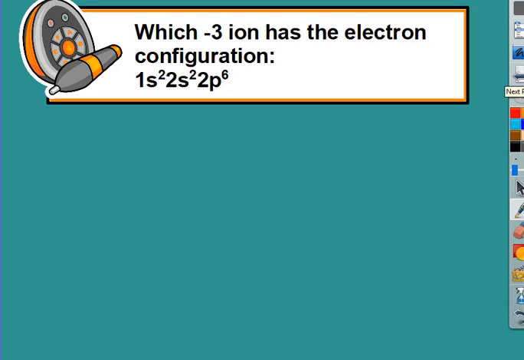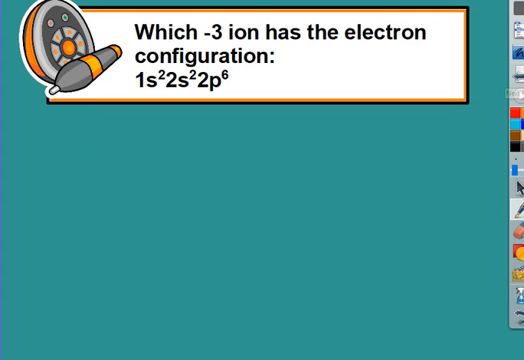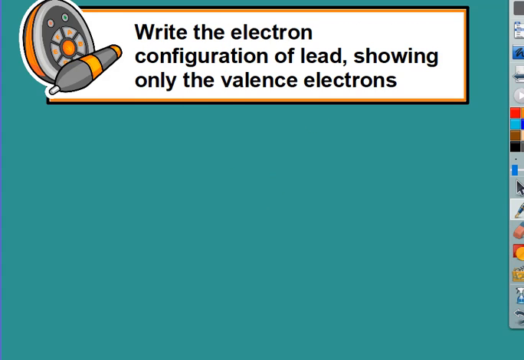So this one was just like the last one. It had the same configuration. So a -3 ion would be nitrogen. I have 10 electrons, but if it's a -3, that meant I gained 3 electrons, so I technically only had 7 electrons to begin with, which is the same as nitrogen.